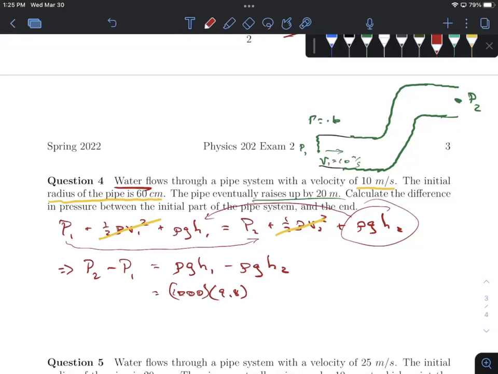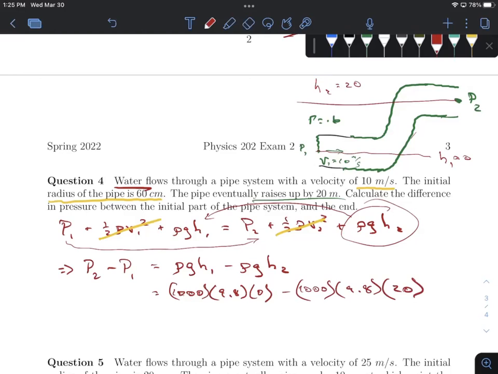And in this case, because I raise up by 20, I'm going to call the initial location h1 being 0, and the second location, h2, being 20 more than that, which is 20. So h1 here is just 0. The next term, rho 1,000 times g 9.8 times h2, which is 20 above h1, so that's 20.